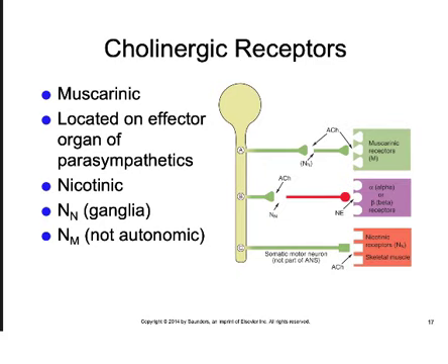Nicotinic receptors are located on the ganglia and will basically be stimulated when preganglionics discharge. The non-autonomic nicotinic receptors are not part of the autonomic nervous system.